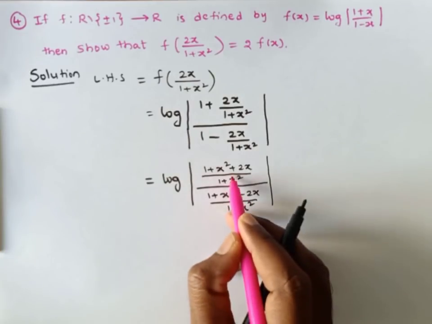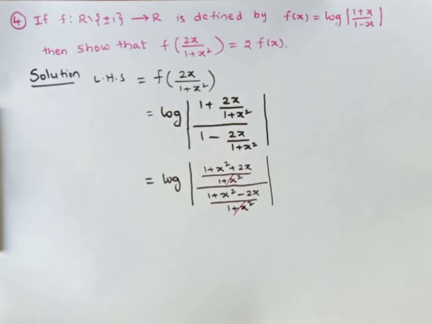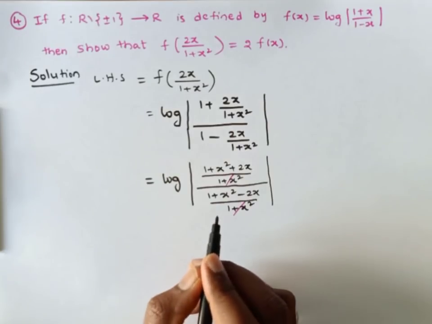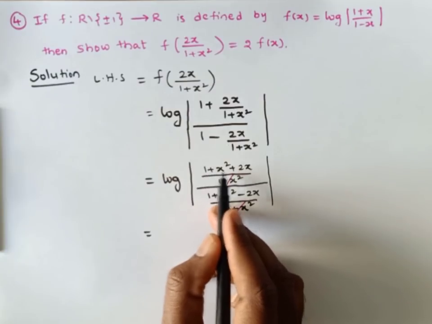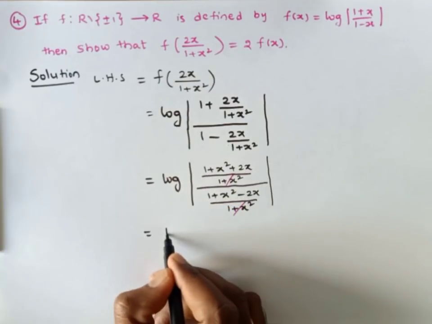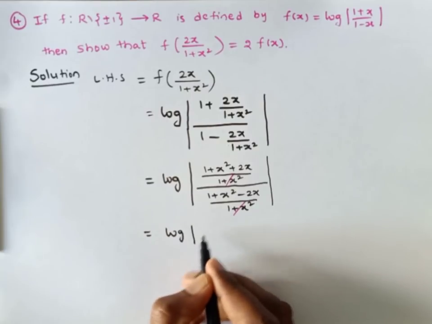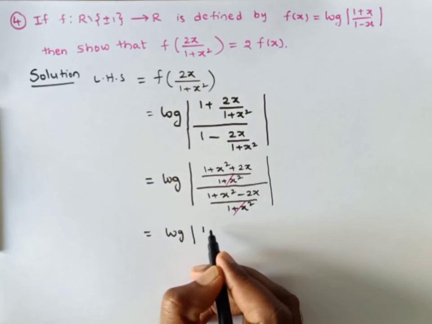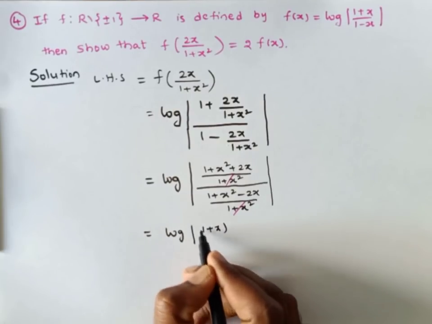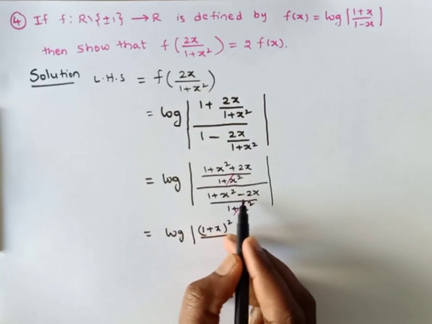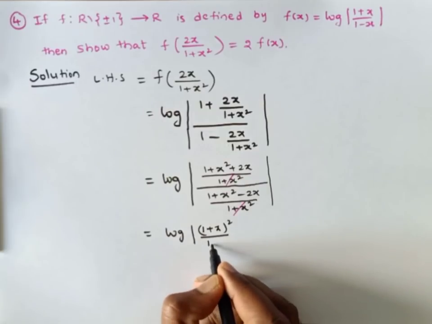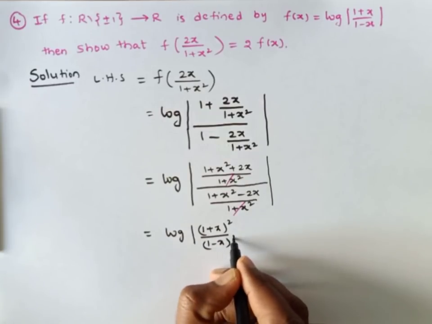So in the numerator 1 plus x square and 1 plus x square get cancelled, and the remaining part is 1 square plus x square plus 2 into 1 into x. So we can express this as 1 plus x whole square, divided by 1 square plus x square minus 2 into 1 into x, that is 1 minus x whole square.